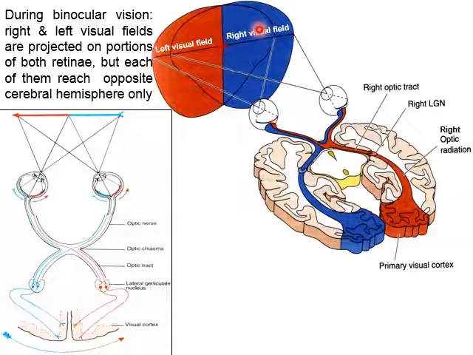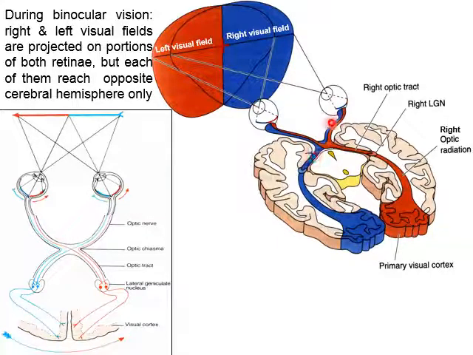The right visual field has parts that project to the right eye and to the left eye. So it projects to the nasal hemiretina of the right eye and to the temporal hemiretina of the left eye, as you see the blue color.